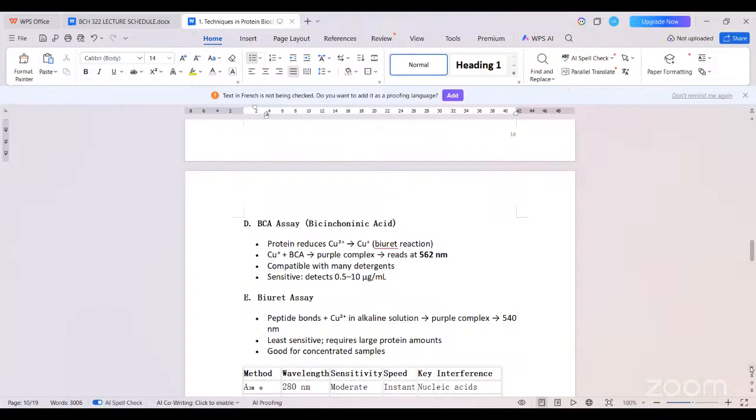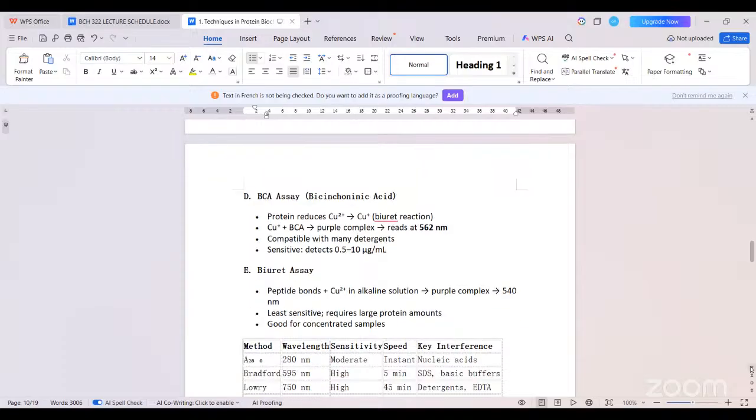Then we have the BCA assay. The BCA assay is another quantification method. That's the bicinchoninic acid. And each of these, you'll notice that the wavelengths are not the same. The wavelengths keep changing depending on the protein of interest. Then we have the Biuret assay.